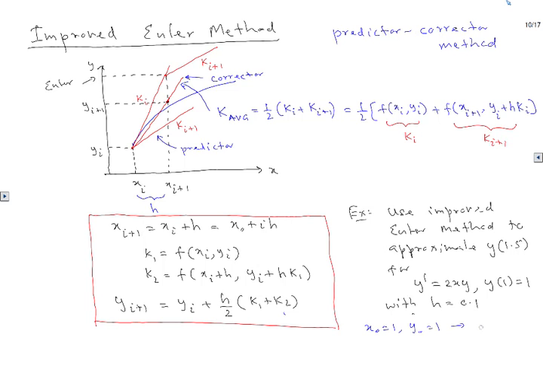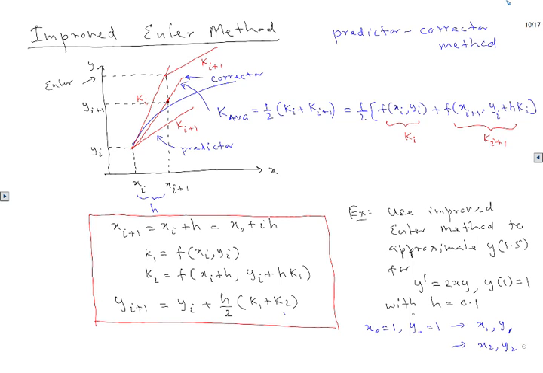We use those two to calculate x1, y1. After you calculate x1, y1 using the formula, use those to calculate x2, y2. Keep doing it until you get 1.5. That means the fifth step, because you start with 1. In the fifth step, you're going to get the answer.